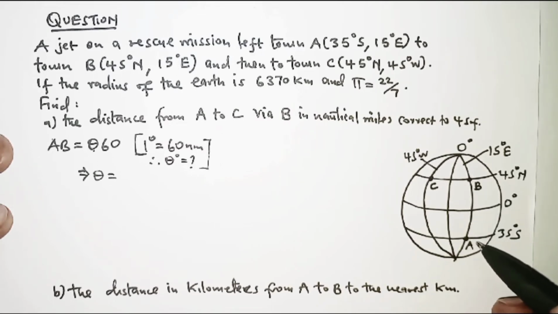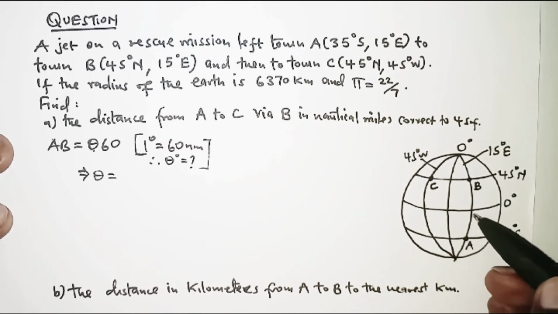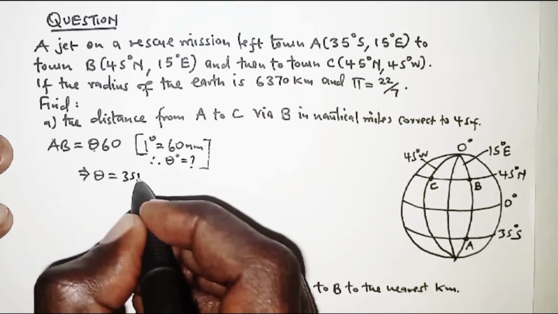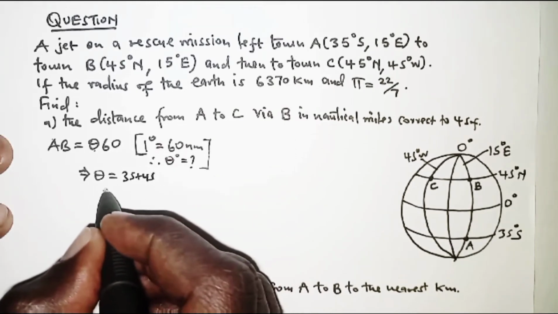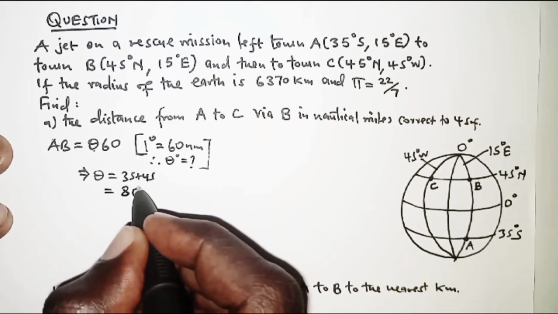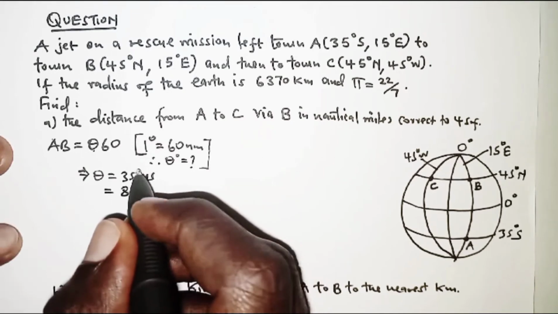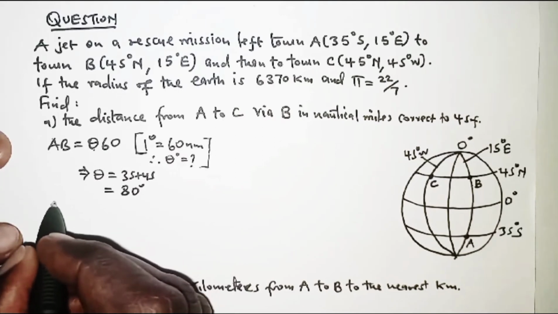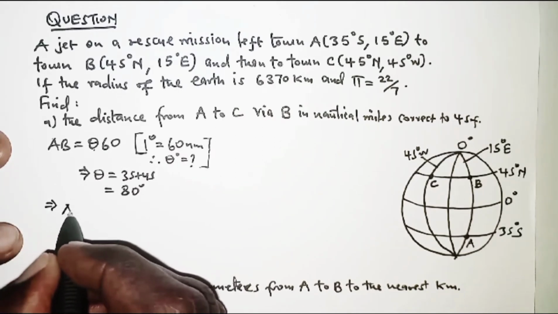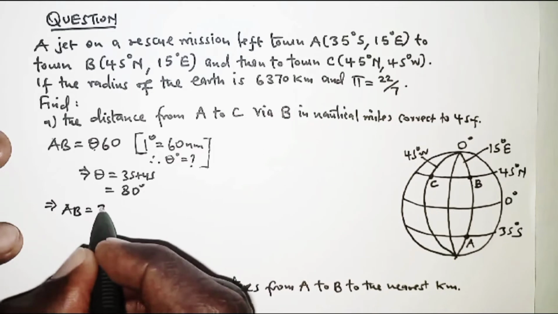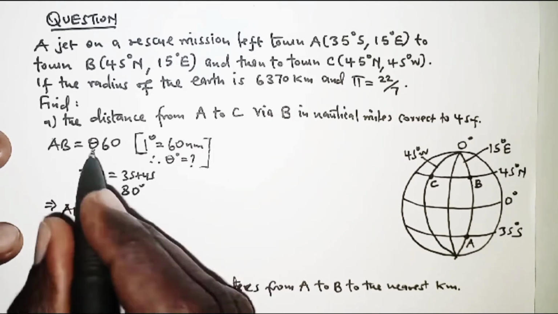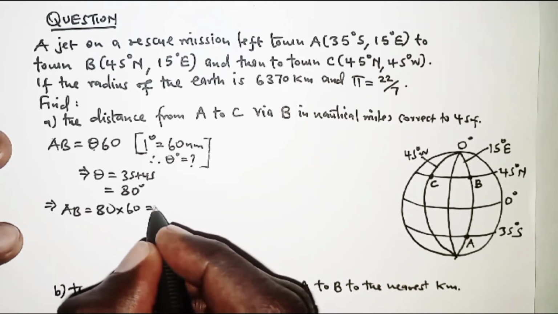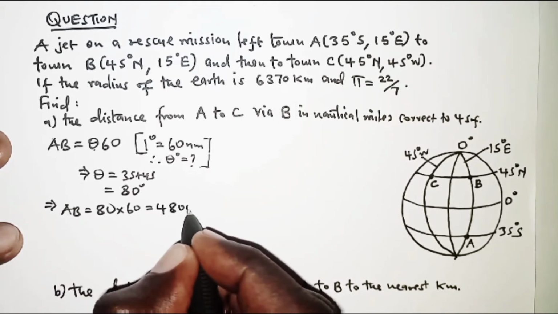So the angle difference will be the sum of 35 and 45. So we're going to have 35 plus 45 as the angle difference, and that is 80 degrees. So that simply implies that AB is equal to 80, times 60, and that is 4,800 nautical miles.